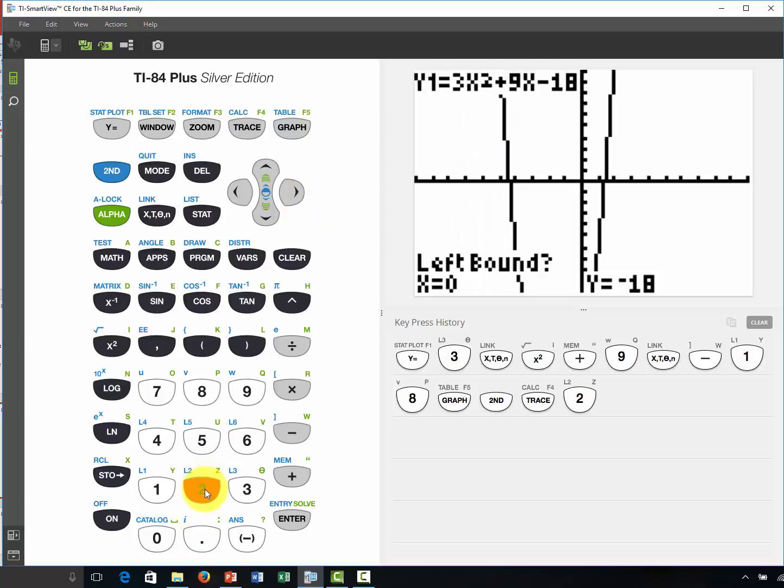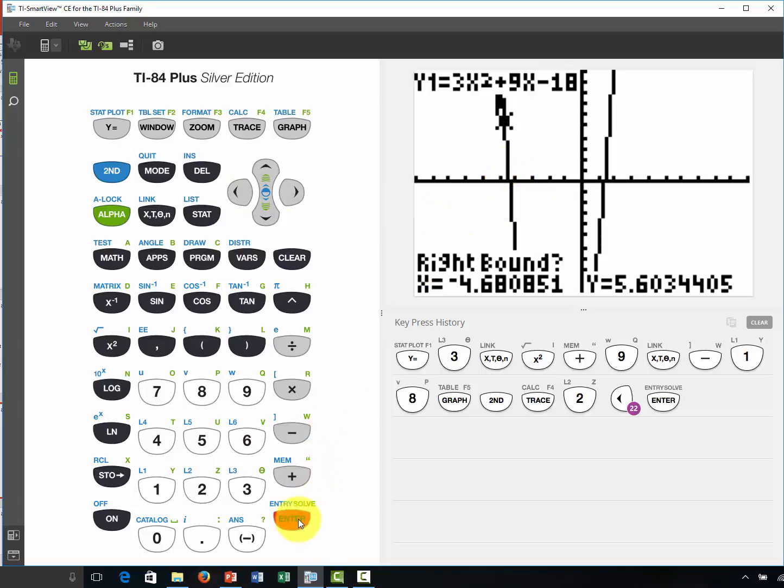So I hit 2. It's asking me for a left bound, so I'm going to do this x-intercept first. So I need to go to the left of what I believe my x-intercept is. So I hit enter.